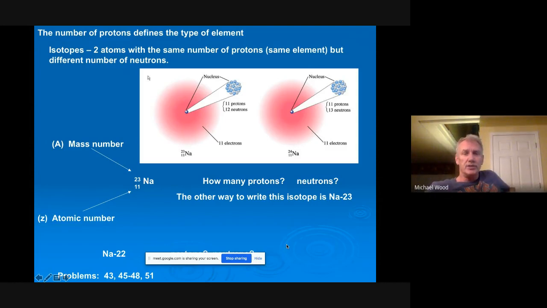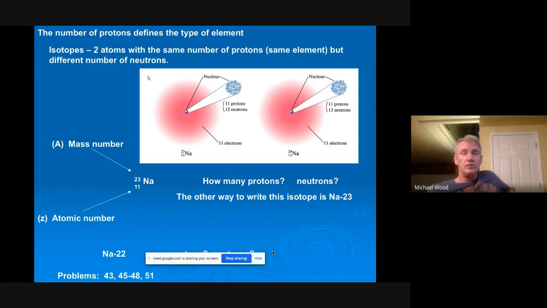Na-22 would mean the upper number is 22 and the lower number is 11. So the number of protons would be 11, and then the number of neutrons would be 22 minus 11, which is 11. You go, wait, they're equal. Well, sometimes they are equal and sometimes they are not. In this case, they are.